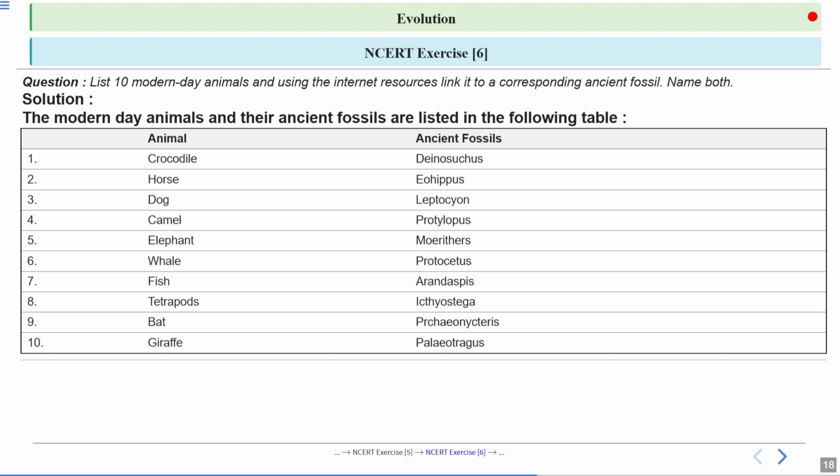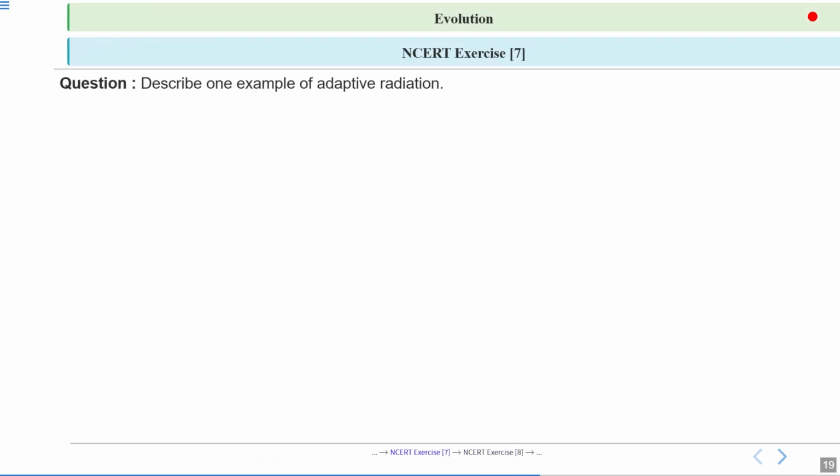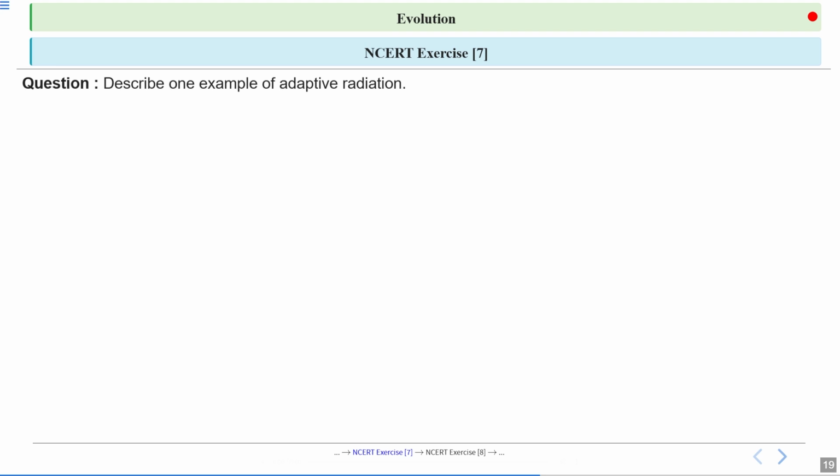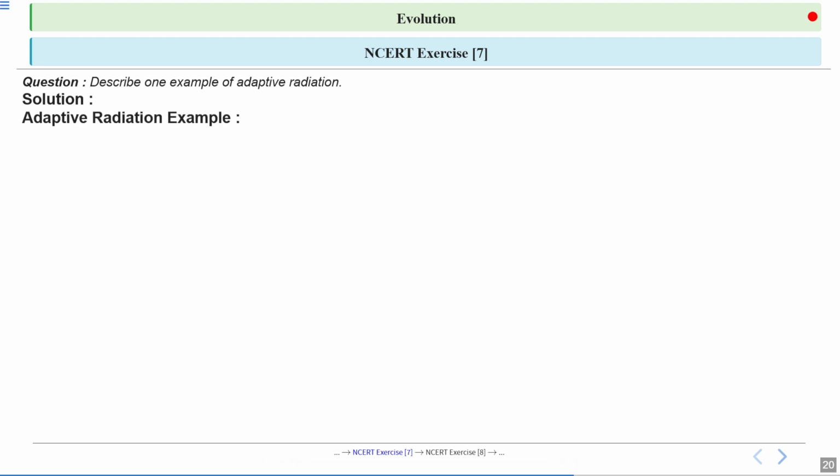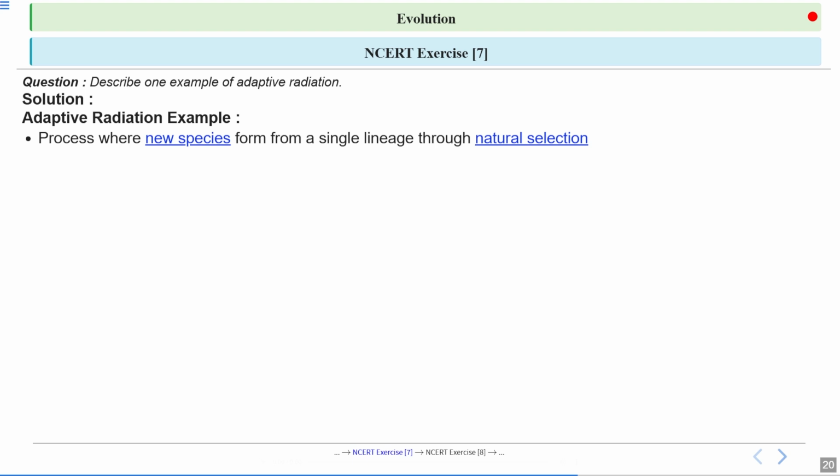Let's move on to the next question. The next question is, you have to describe one example of adaptive radiation. Clear? So let's have a look at the answer. Now, adaptive radiation is a process where new species form from a single lineage through natural selection. This is basically the definition of adaptive radiation.